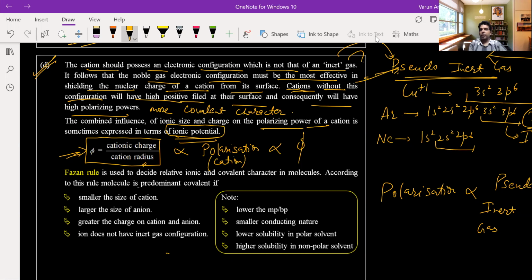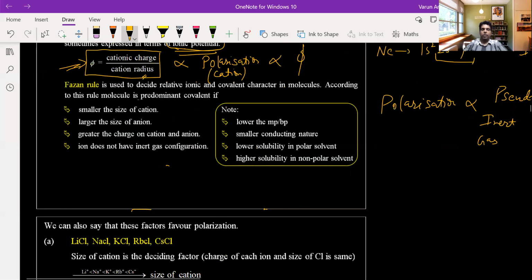So see the statement, cations without inert gas configuration, so this here means inert gas. So without inert gas configuration, that means having pseudo inert gas configuration will have this more polarization. So simply you can write down: polarization is more for pseudo inert gas as compared to inert gas.